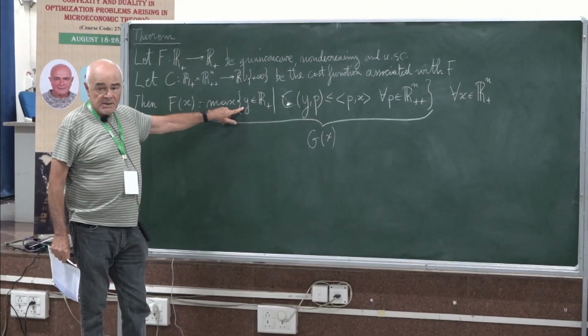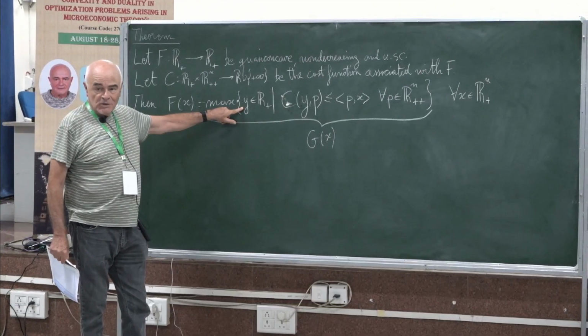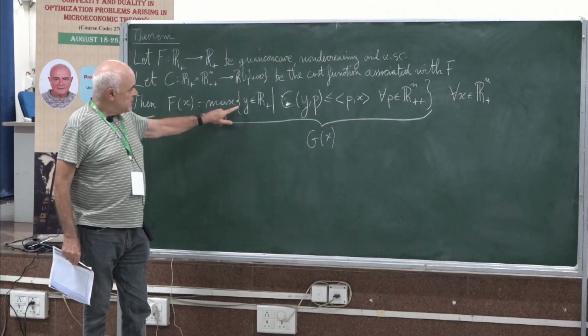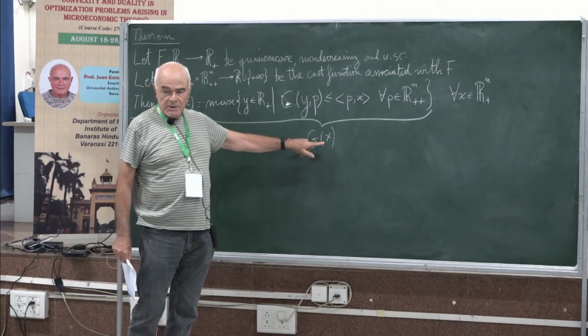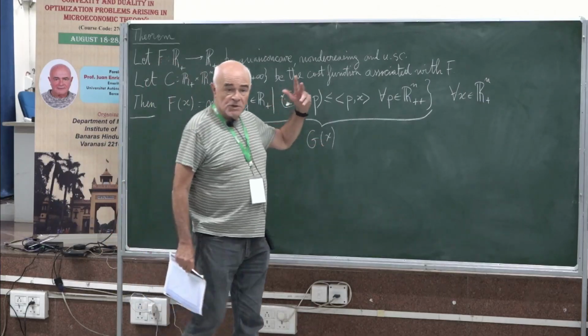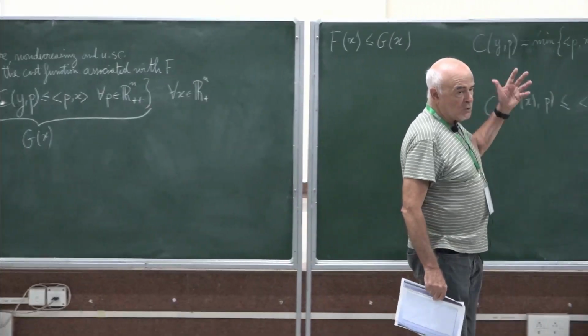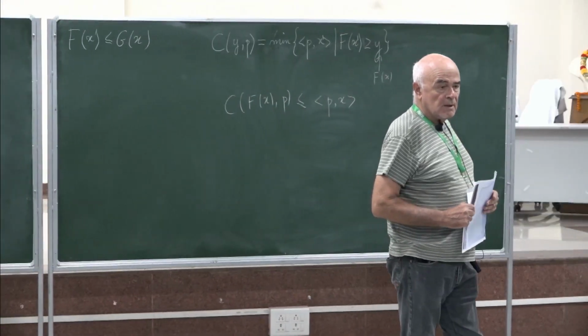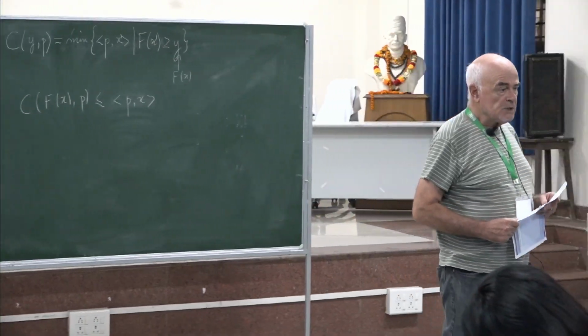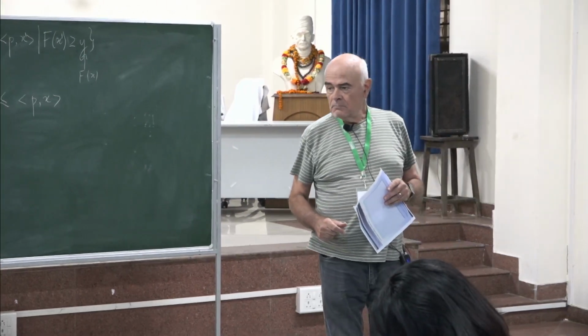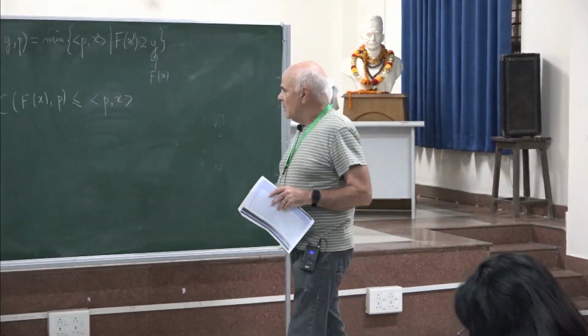Then f of x is smaller than or equal to the largest of these y's. And the largest of these y's is what we call g of x. Okay, so this was the proof I already gave without using this notation, to prove this inequality. Is this clear? Okay.